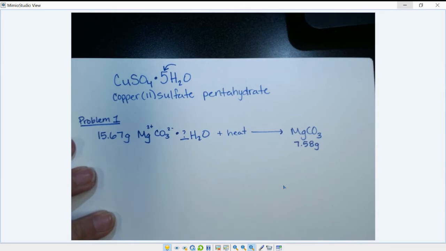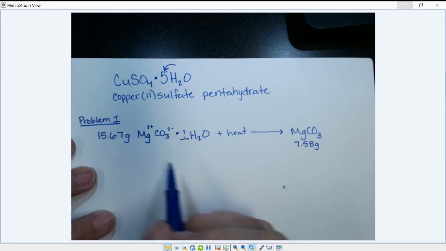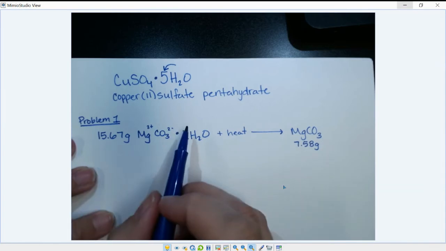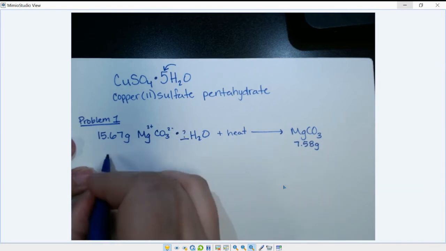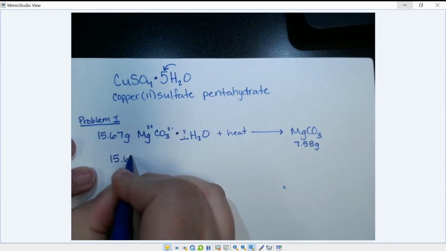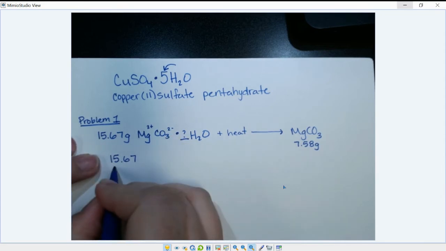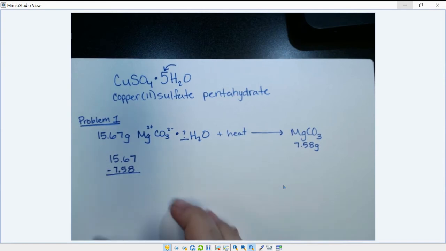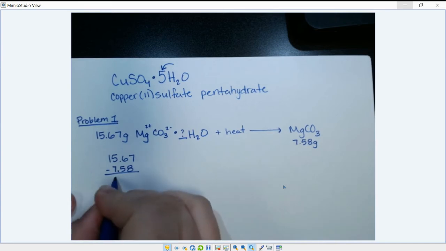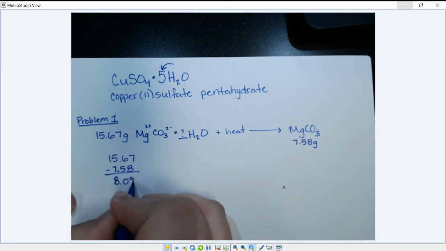Well, the first thing we can do is figure out how much mass was lost because we drove off the water. And that's really easy. That's just subtraction. 15.67 is how much it was when it had the water in it. 7.58 is the mass after the water was gone. By subtracting those two, you find that the difference is 8.09 grams.